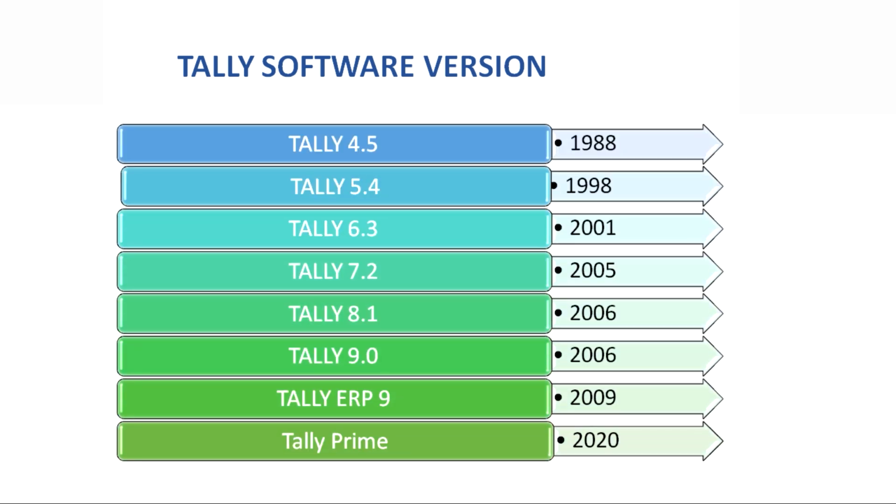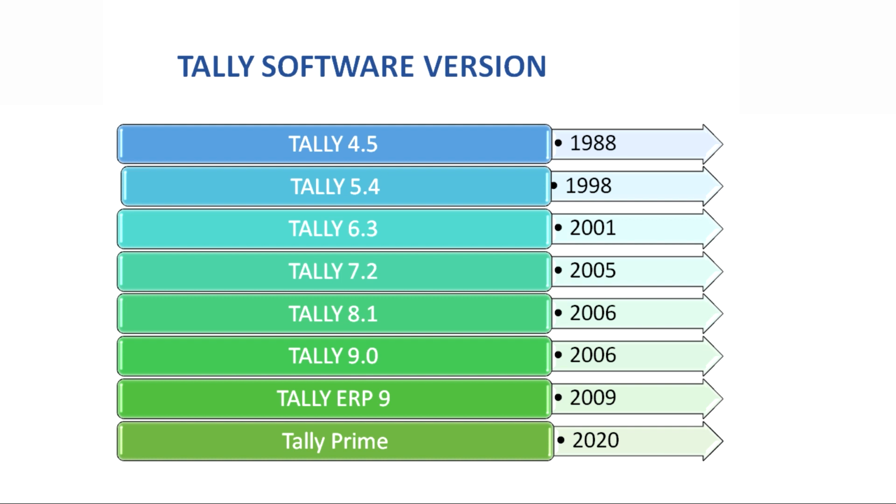We'll just glance at whatever versions we have discussed now. The first version was Tally 4.5, which was released in 1988. Next we come with Tally 5.4, which was released in 1998. So it took a 10-year gap to give a new version.